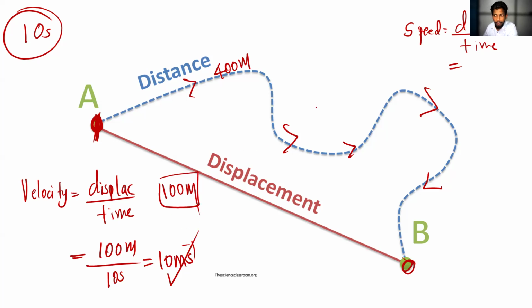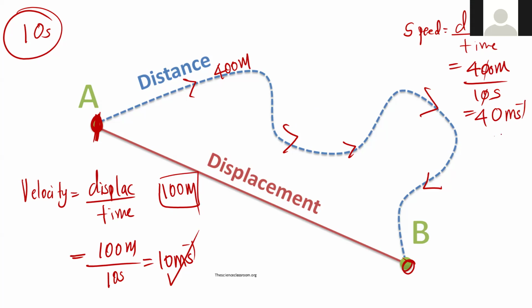For the speed, the distance is 400 meters and the time is 10 seconds, so the answer will be 40 m s^-1. These are the equations, the substitution, and the way to find the answer.